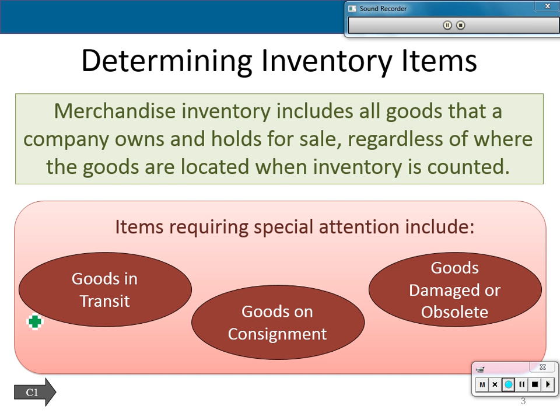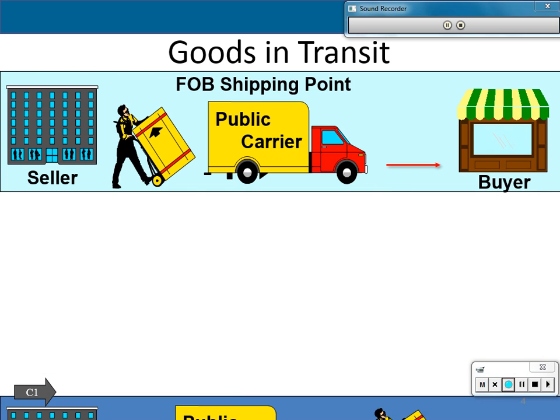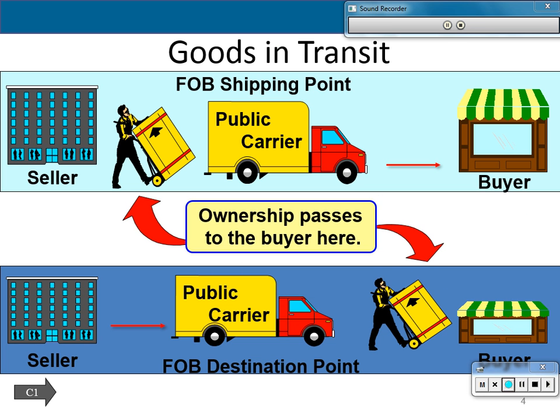Goods on consignment, remember the seller, that's their inventory, they own it, even though it may be in a third party's location to be sold, it's still a part of their physical inventory count. And then goods that are damaged or obsolete, of course, need to be written off out of the inventory count, but are still a part of it until it's time to write off.